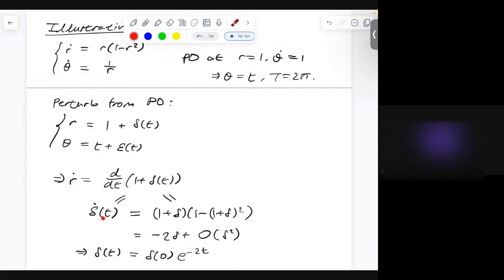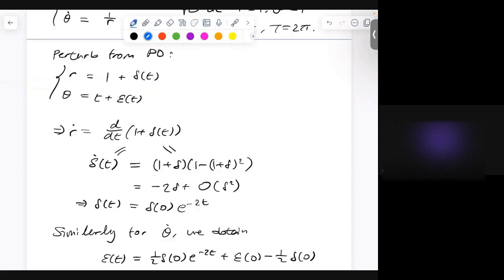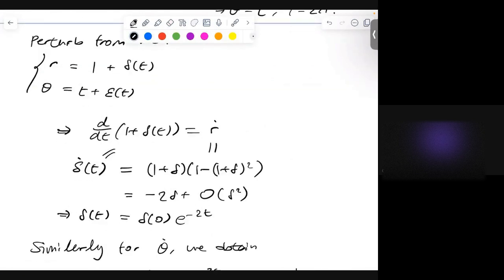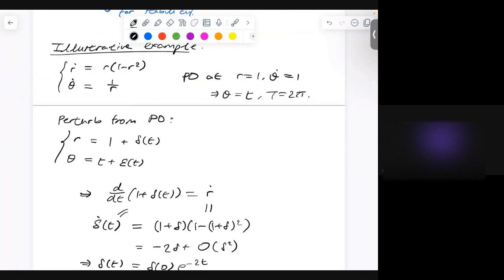But also we have, oh, I do not know why I've written it in this way. I should probably write it like this. Sorry, so this is more clear. So r dot is equal to this thing, but r dot is also equal to r times 1 minus r squared.